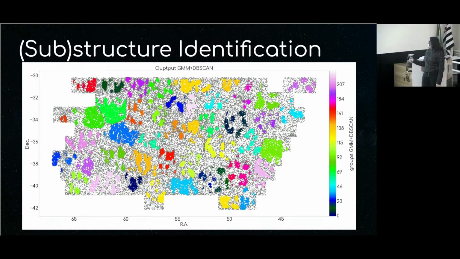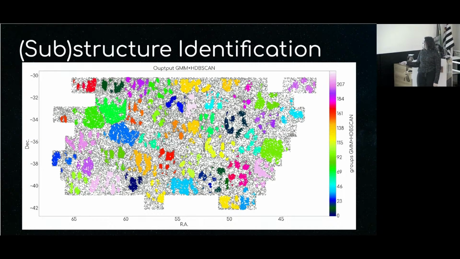And when I used HDBScan, I obtained the same result. In all cases, I'm using the Haversine metric. That is a metric very useful when you have a spherical surface, in order to determine the distance between galaxies considering the spherical shape of the sky.